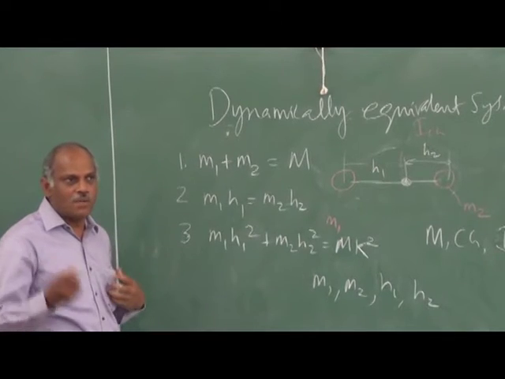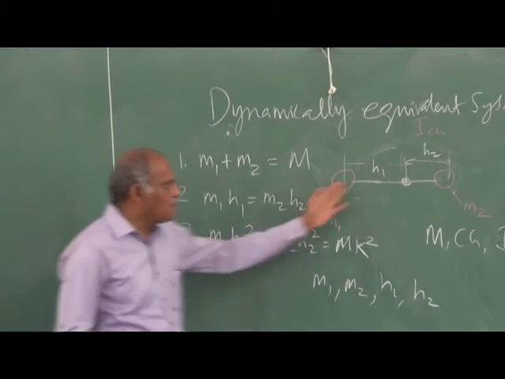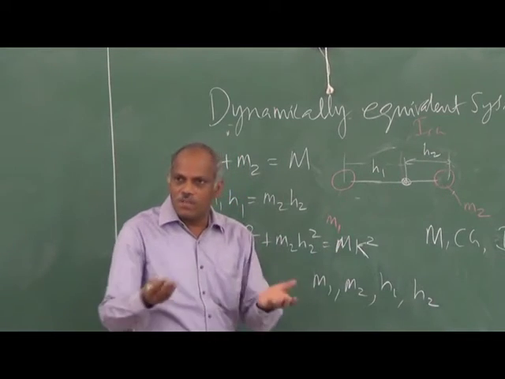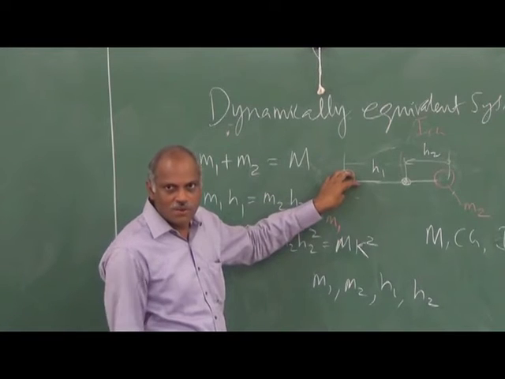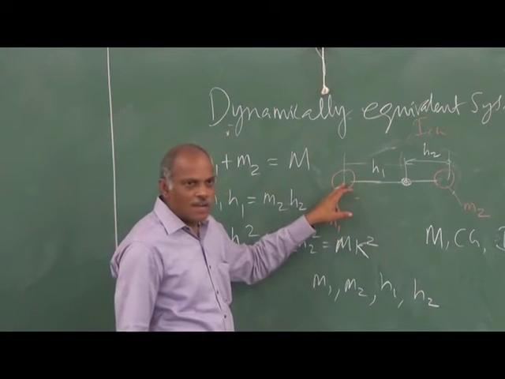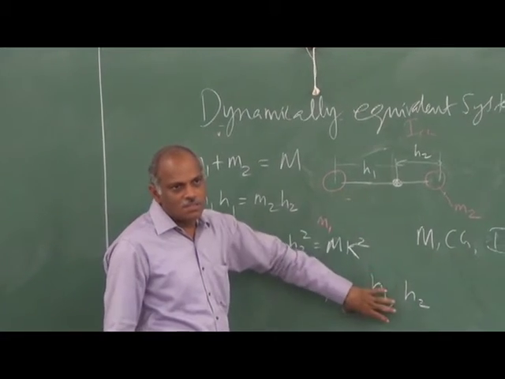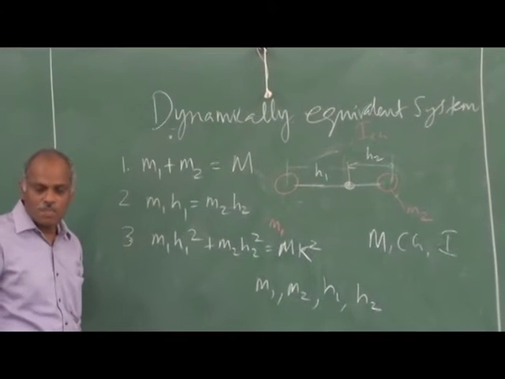You cannot straight away have a unique model. Suppose I ask somebody to model this two equivalent system, they can come out with different models, because if you start with m1 of a certain value, you will get other three fixed. Somebody can have a different value for m1, you will have a different set of other three values.